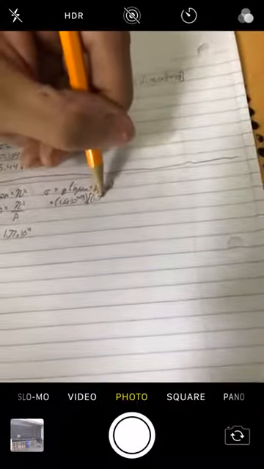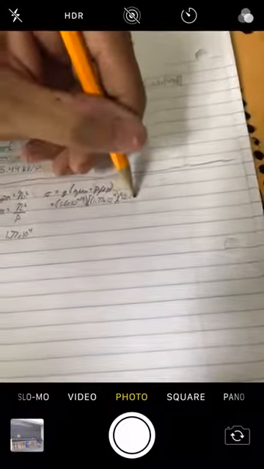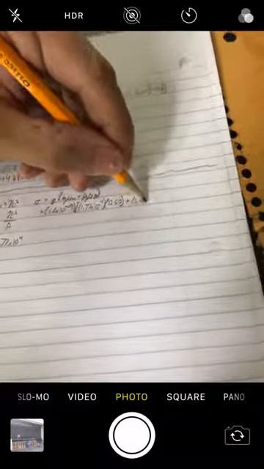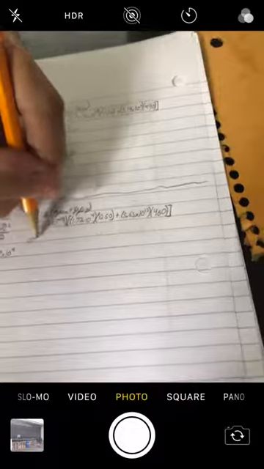And once again, our conductivity. Okay, crunch that into your calculator.